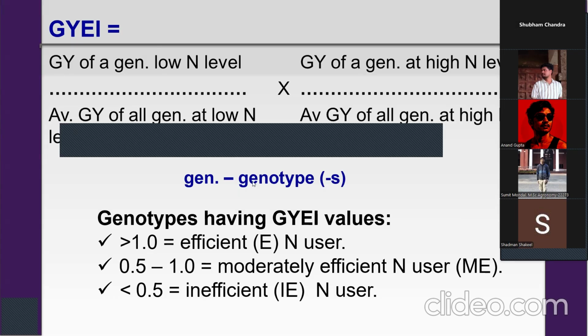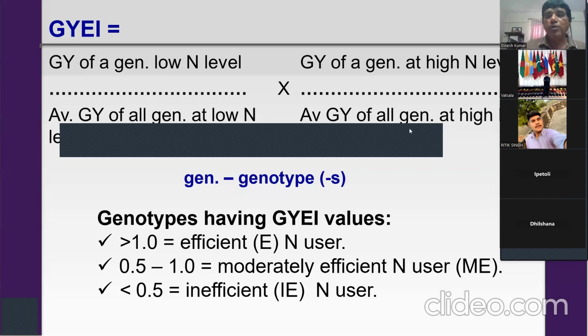So normally what happens? A genotype which is performing good both at high level as well as low level, generally a genotype performing better at both high and low N level will be nitrogen use efficient. In addition to this, I want to put two more points.